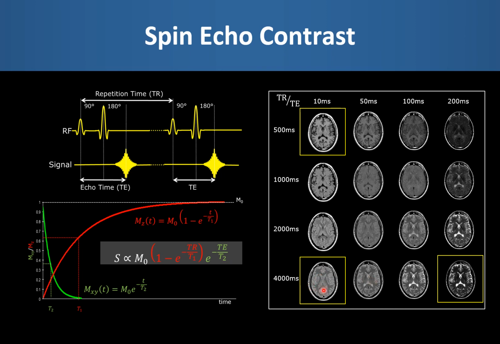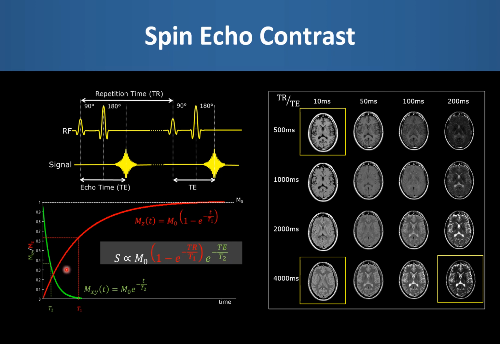If we move this way, we are now increasing the echo time. So now here we have a long TR and a long TE relatively. So this may be a TE now of 200 milliseconds with a TR of about 4,000 milliseconds. And so that means now that we are somewhat down the T2 decay curve.